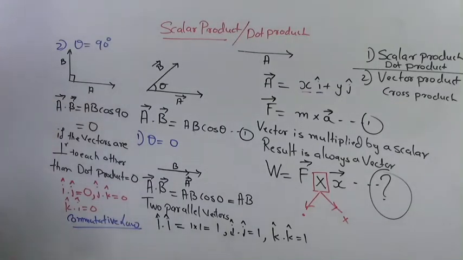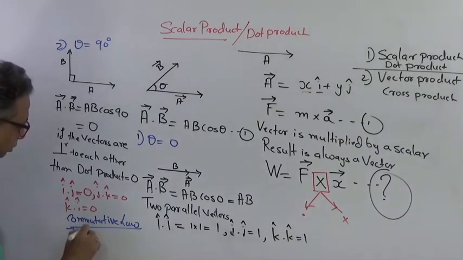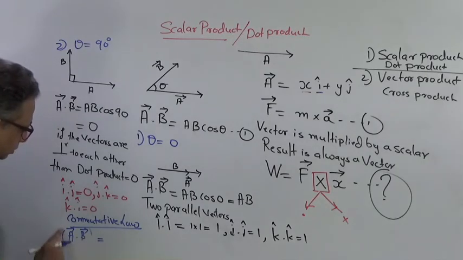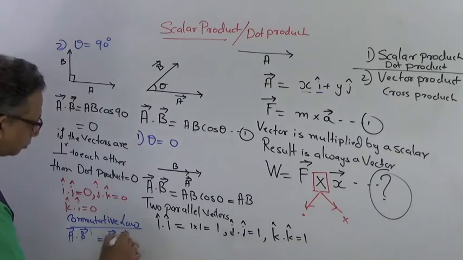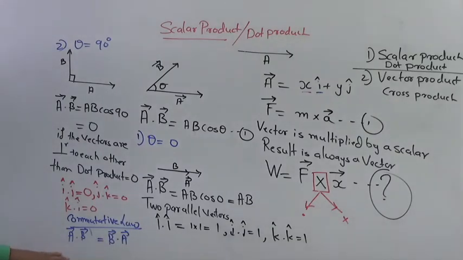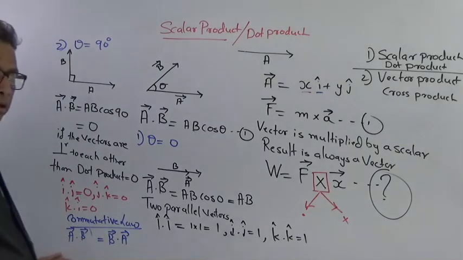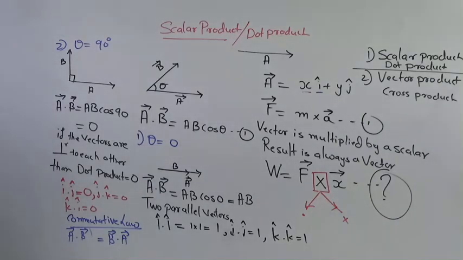So this commutative law says that vector A dot vector B is equal to vector B dot vector A, right? This is your commutative law that it follows.